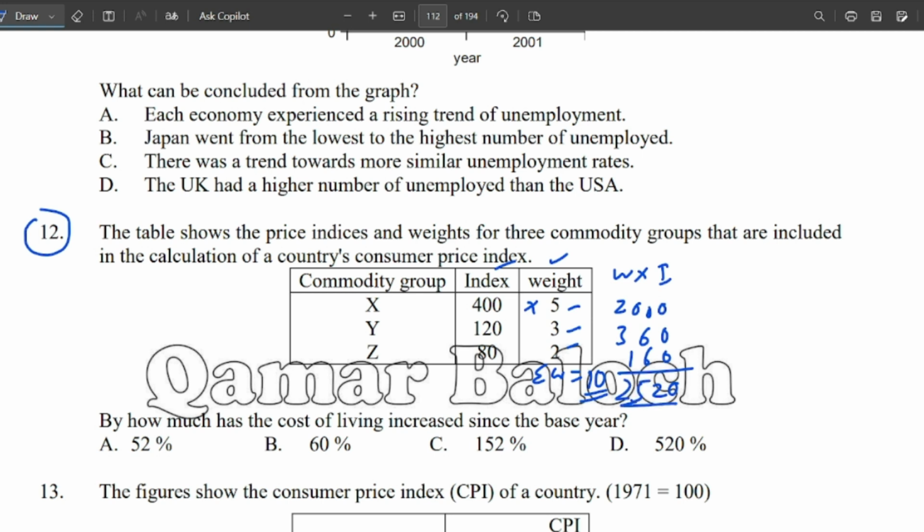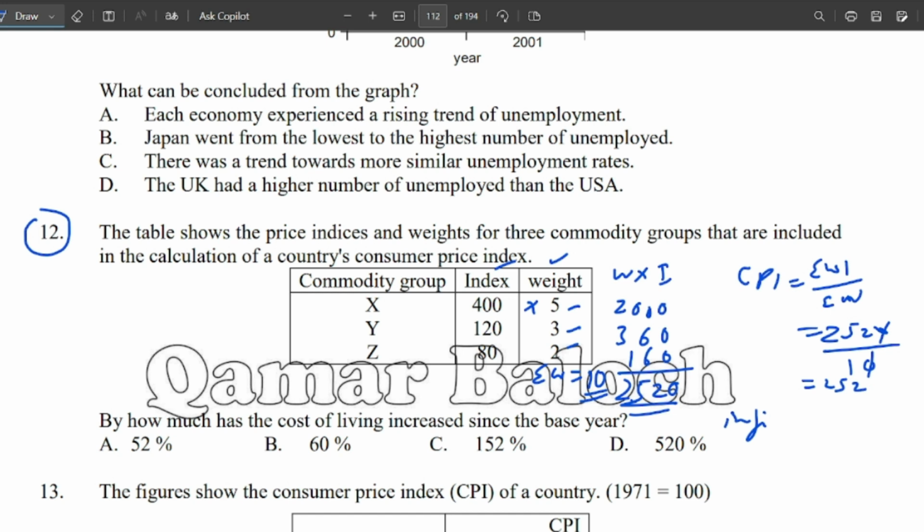So the sum is 2520. So you can find out the value of CPI using formula sum of weighted index over sum of weights. Okay, so sum of weighted index is 2520 divided by sum of weight is 10. So you can cancel out 0 with 0, and then you will get CPI equal to 252.